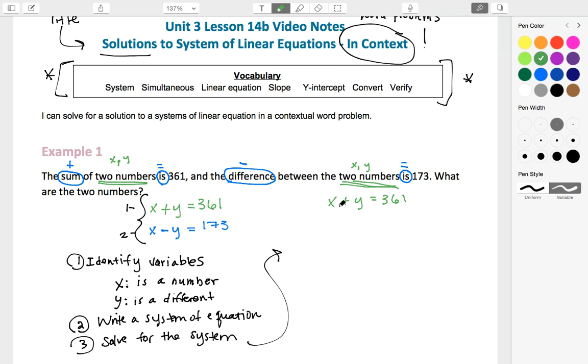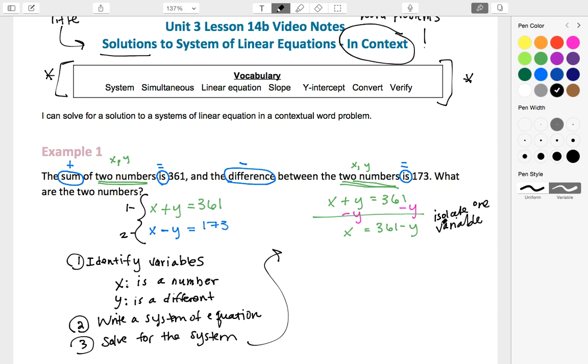I'm going to just pick x. So I'm going to subtract y on both sides. And then the same line is going to be written as x equals 361 minus y. And the reason is because I want to isolate one variable.